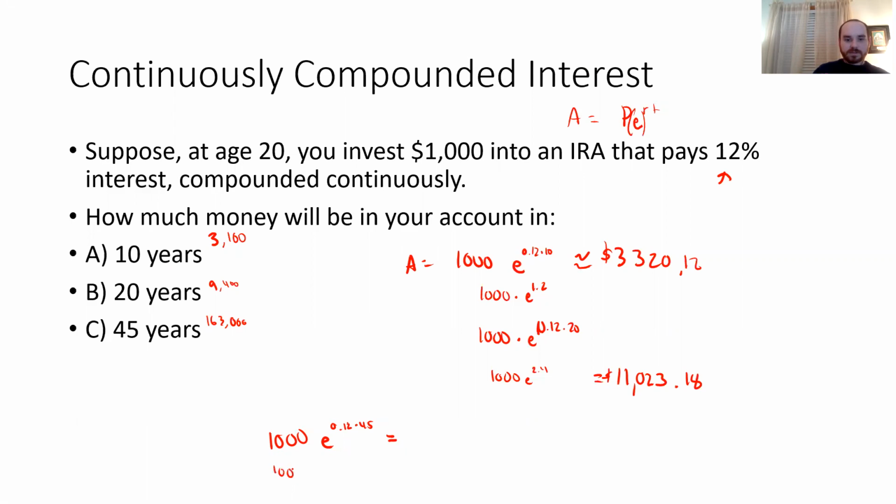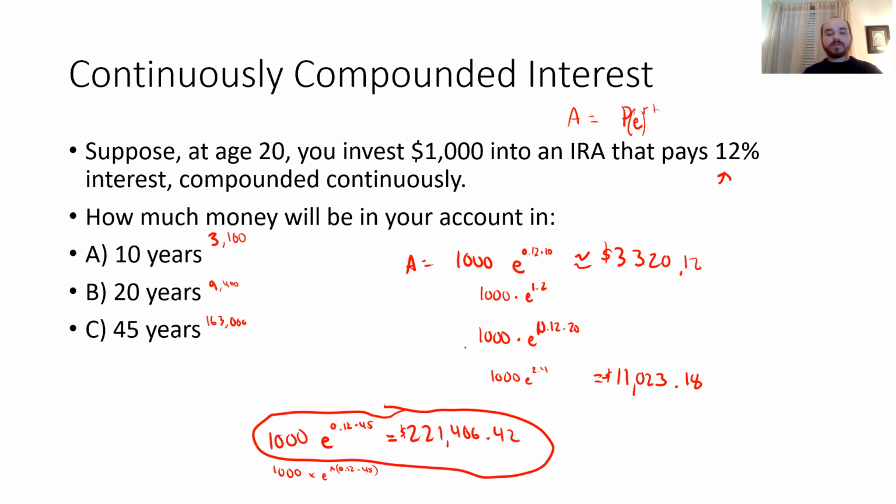You just do 1,000 times E caret 0.12 times 45. I'd put this in parentheses. What you're going to get when you solve that out is $221,406.42. So this is the absolute maximum you would have in 45 years, having just invested $1,000 at a rate of 12%.